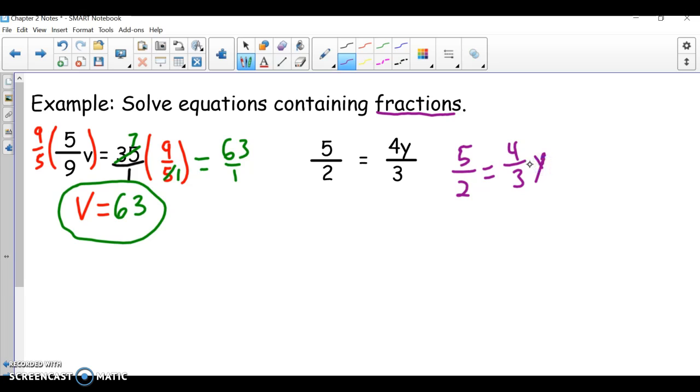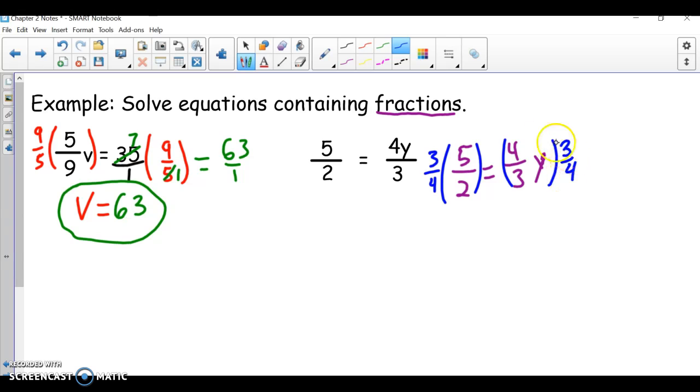And now, just like the previous problem, I've got 4/3 times y. And I want to get 1y by itself. So to undo 4/3 times y, you multiply both sides times the reciprocal of 4/3, which is 3/4. And then you have to show me that on this side you would multiply by 3/4.